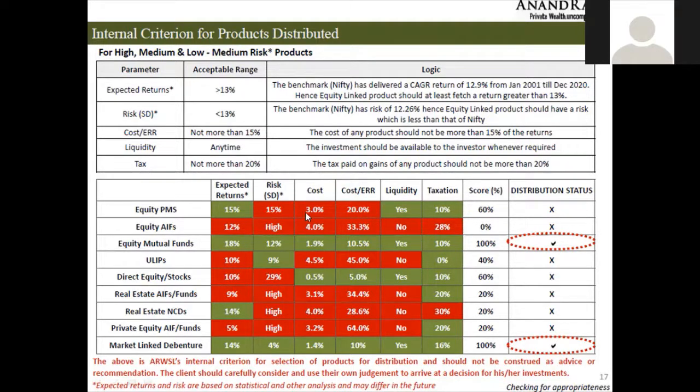So between the two circled ones, even though the risk is high with the equity mutual fund, you're saying the leaning will be based on the risk tolerance of the person who's investing? The return, net of cost, is almost the same, 10.5 and 10, correct? Yes. So, sir, say today I am at an age wherein I have a certain risk appetite.